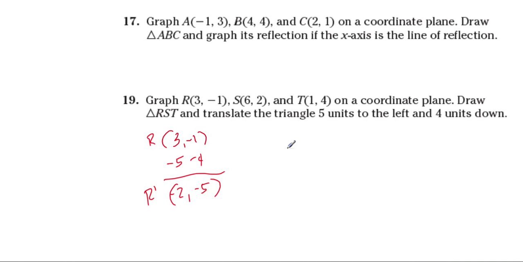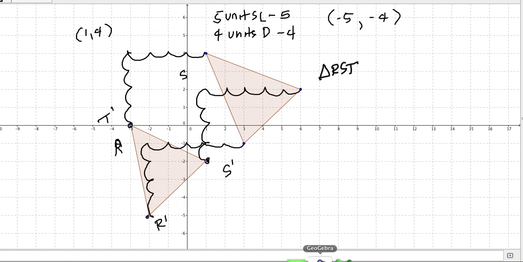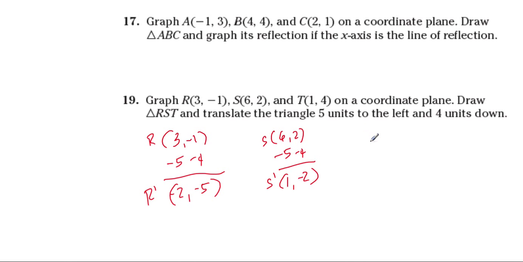If you do the same thing with S, which is 6 and 2, we subtract 5 and subtract 4, we now have 1 and -2, and this becomes our S prime. You can do the same thing with T, which is 1 and 4.